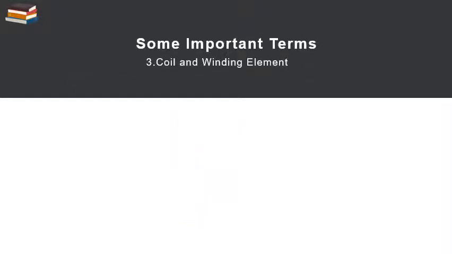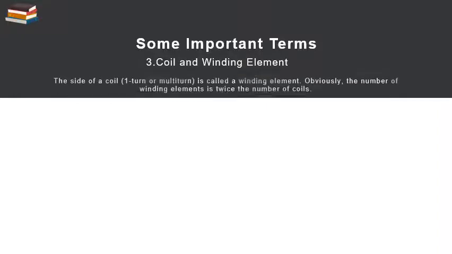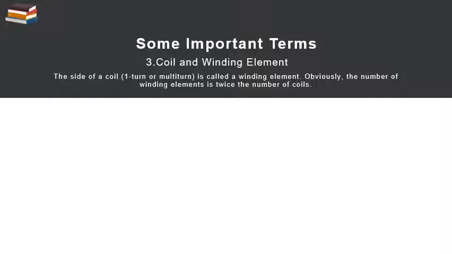The third one is coil and winding element. The side of a coil, meaning one turn or multi-turns, is called a winding element. Obviously, the number of winding elements is twice the number of coils.